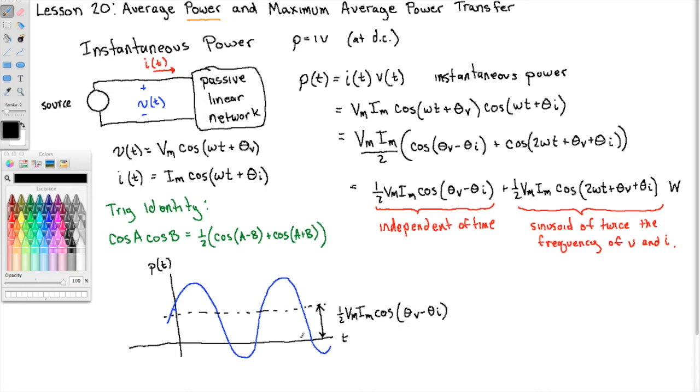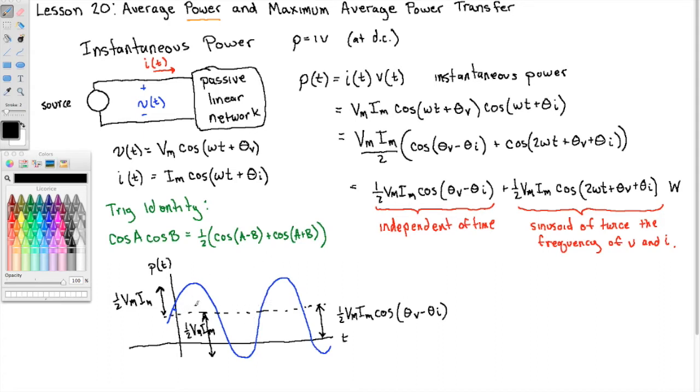So the sinusoid is shifted up by that constant. And then from that midpoint, the amplitude of this sine wave is 1/2 Vm Im. And this thing goes down by that much as well, 1/2 Vm Im. So what this tells us, and we'll even put the period in here.